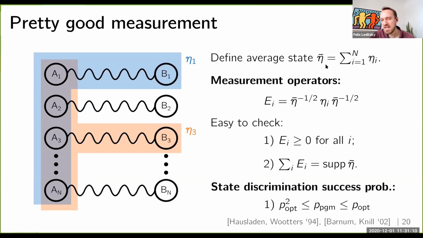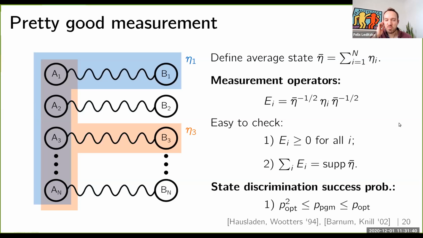If this eta bar state is not invertible, then this inverse here is only defined on the support. So when you sum them all up, you don't get the identity on the full space. You only get the identity on the support of this eta bar average state. But this is fine because the support of this eta is all you care about. So what you do is you restrict your Hilbert space so that this support operator here just becomes the full identity again. Okay, so this is just some technicality.